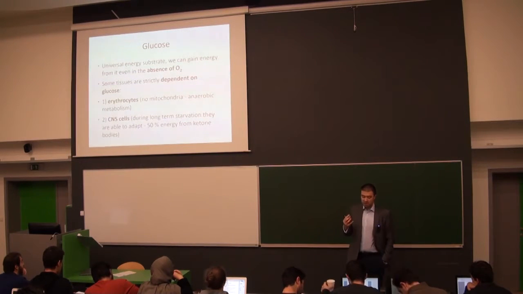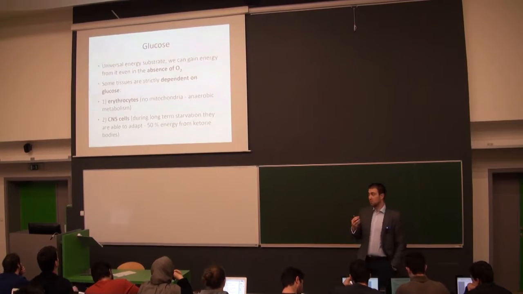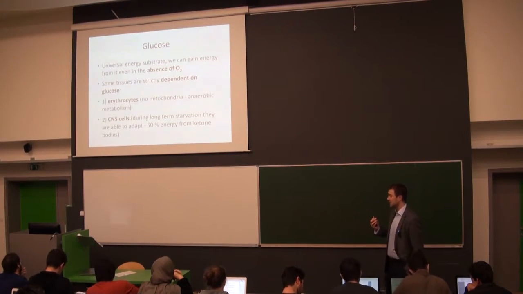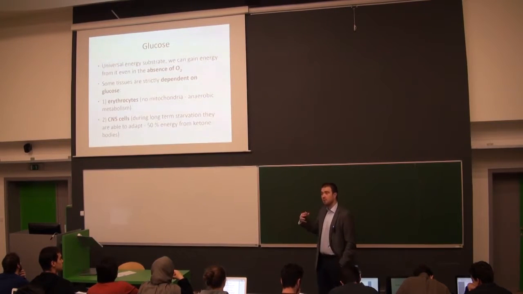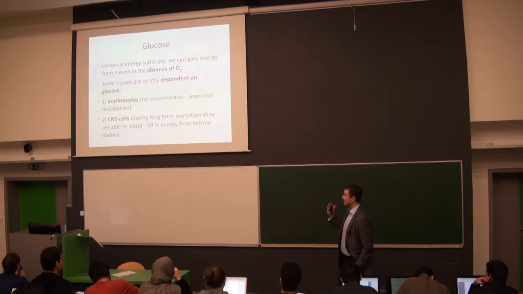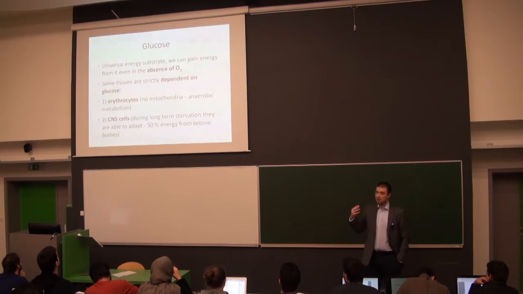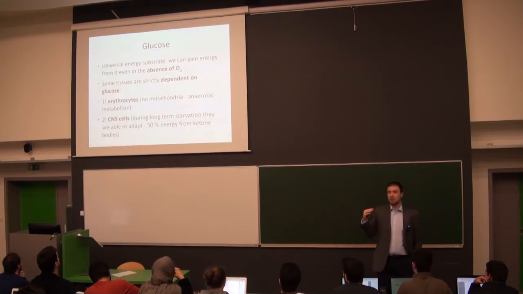There is a very important energetic point of view for glucose molecules, and we can say that glucose is a universal or general energy substrate for all our cells. Some of our cells are even strictly dependent on glucose.